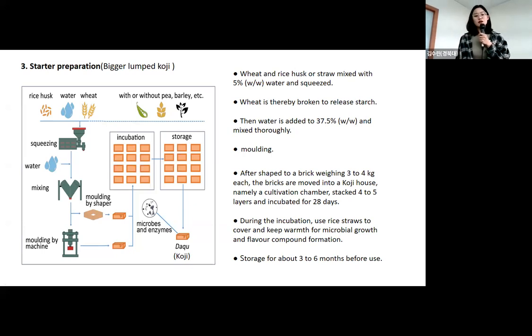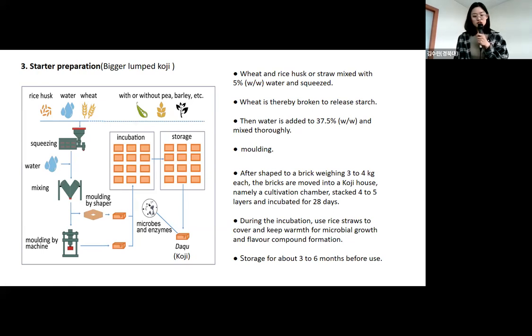Wheat and rice husk are mixed with 5% water and squeezed. Wheat is broken to release starch, and then water is added to 37.5% and mixed thoroughly. After that, molding by shaper or machine.